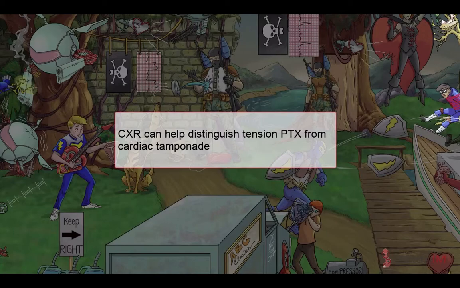Fortunately, the chest x-ray can readily identify a tension pneumo and distinguish it from cardiac tamponade. The cardiac cath results can differentiate between tamponade, which is characterized by equalization of diastolic pressures across all four chambers, and pulmonary conditions like PE and pulmonary hypertension, in which right-sided pressures will be abnormally elevated while left-sided pressures will be abnormally low. If all this talk about pressures has your blood pressure skyrocketing, check out our series on shock for all the details you'll need to know.